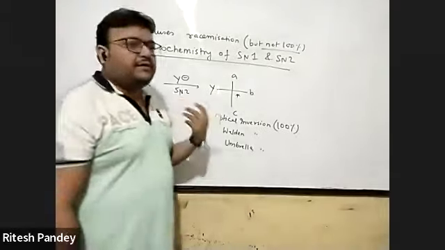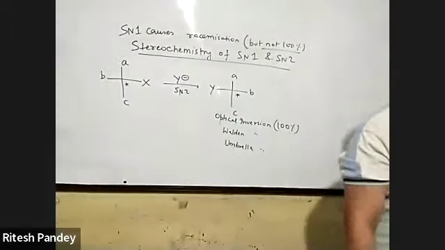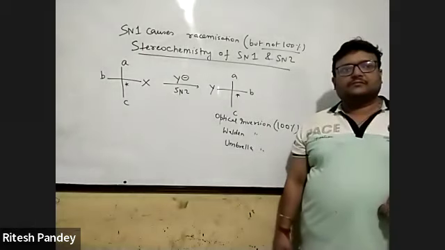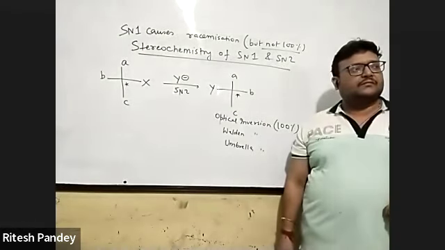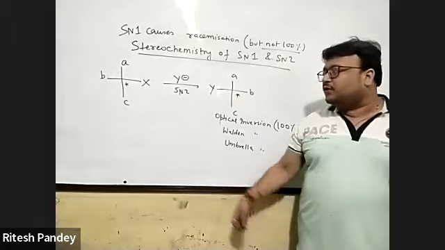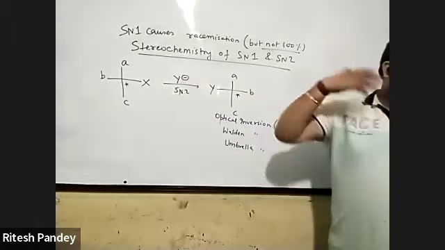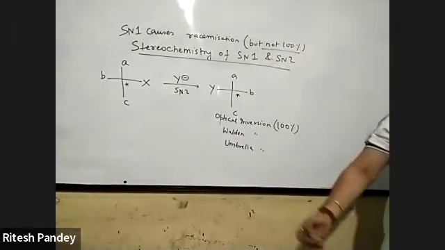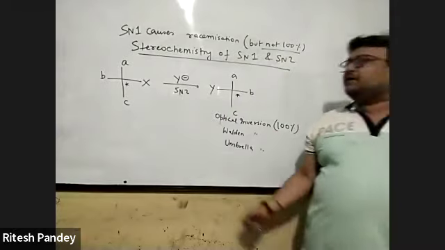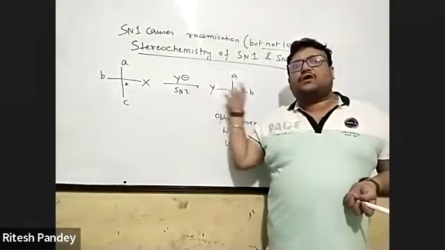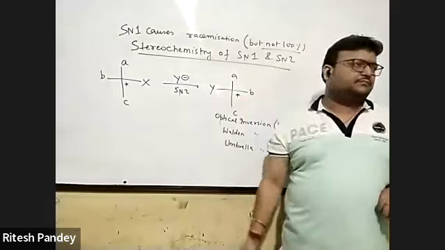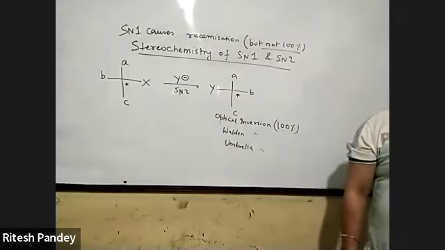Because to prove 100% inversion, you want the optical activity to be completely inverted to the same extent. Yes or no? But these two are not enantiomers.